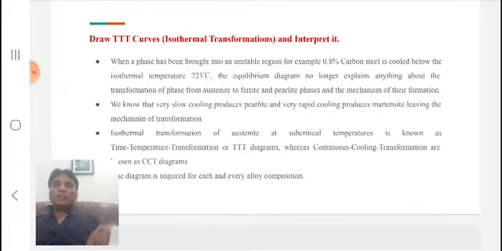So isothermal transformation of austenite at subcritical temperature is known as time temperature transformation or TTT diagrams, whereas continuous cooling transformations are known as CCT diagrams. The diagram is required for each and every alloy composition. That means for each and every composition of an alloy there will be one TTT diagram.